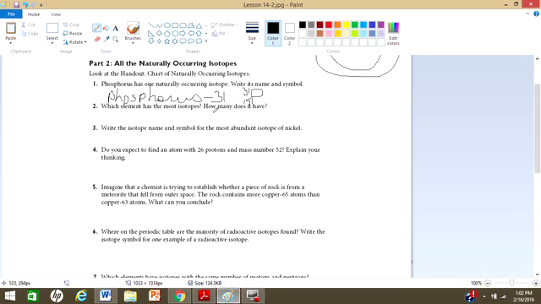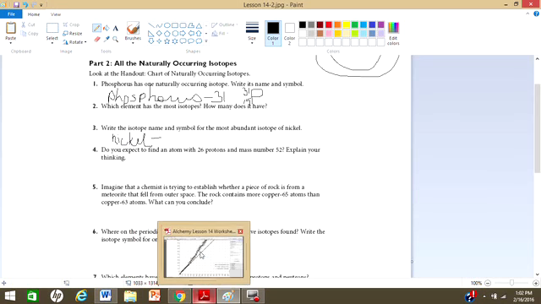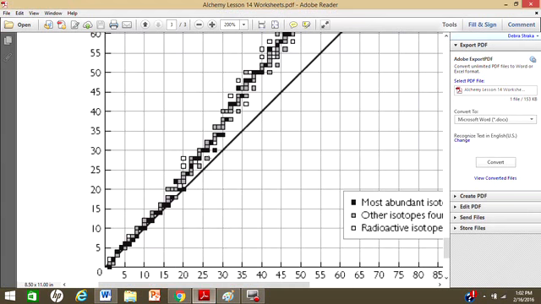So what's our question again? Write the isotope name and symbol for the most abundant isotope of nickel. So we're going to write nickel. Make sure you spell it right too. And then a dash. And let me go back to that. And this is nickel 28 right here. So it's at 28 and 30.